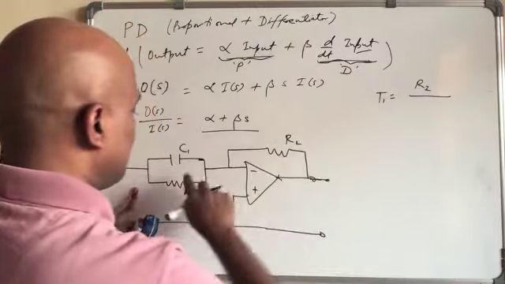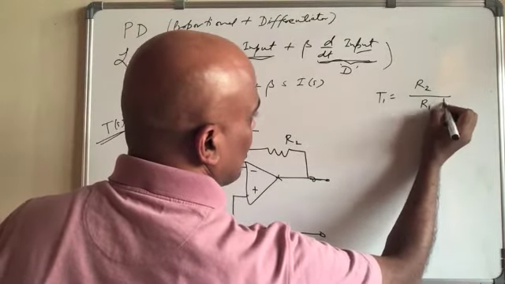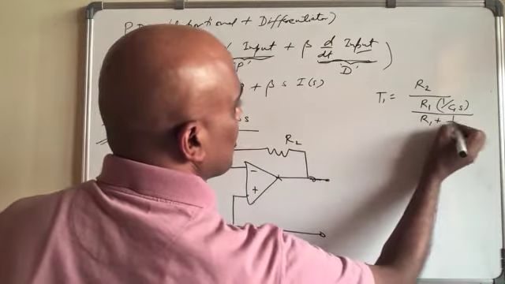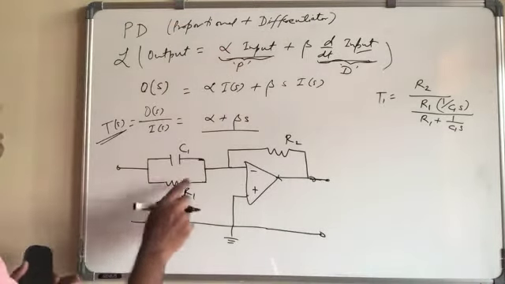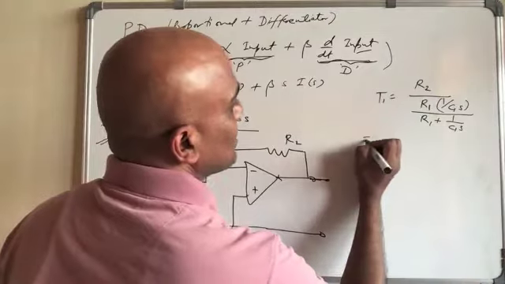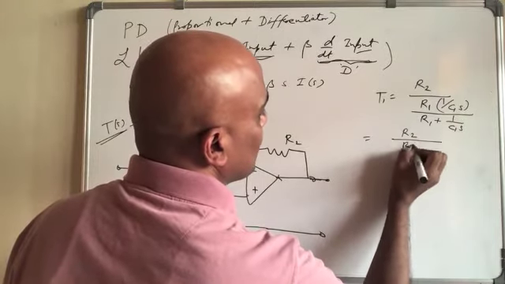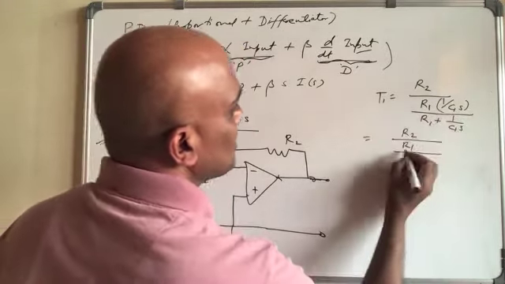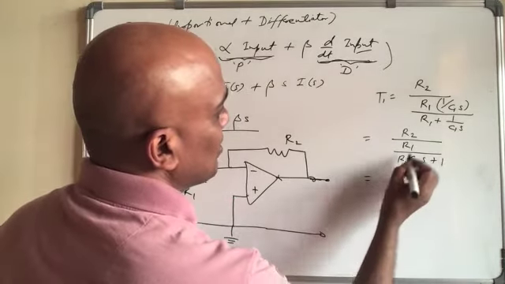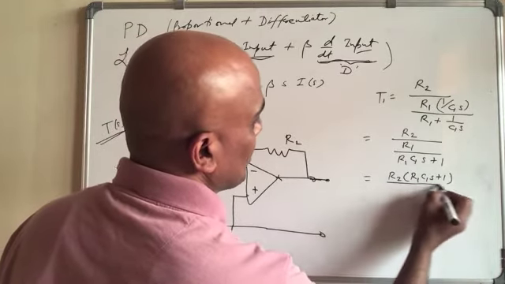So this is Z1 divided by Z2, which will be nothing but R1 multiplied by 1 over C1s divided by R1 plus 1 over C1s, since these are in parallel, so this is the equivalent impedance. Multiplying through, it becomes R2 divided by R1 divided by R1 C1s plus 1, and that will be equal to R2 multiplied by R1 C1s plus 1 divided by R1.